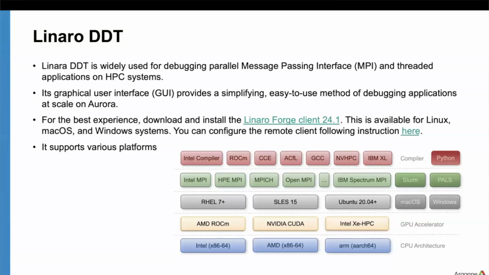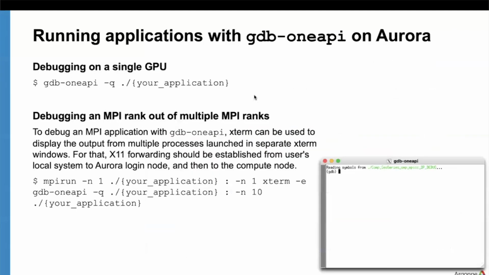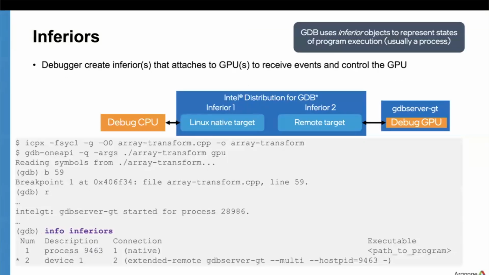Inferior is a kind of terminology on the GDB side, right? Maybe you are not familiar with this terminology, but it is an object that represents the state of the program execution, right?